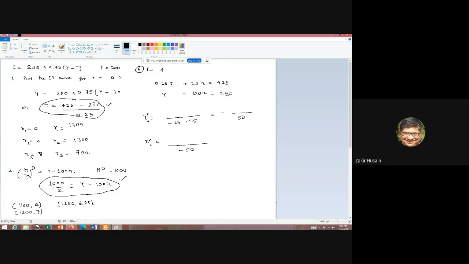So it is what? No, is this correct? I think it's wrong. 250 into 25. So Y will be 975?